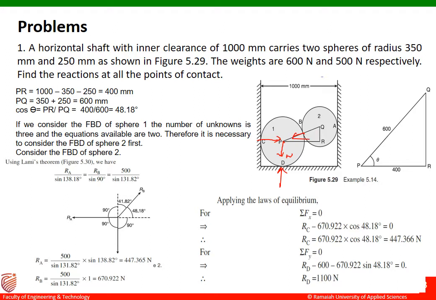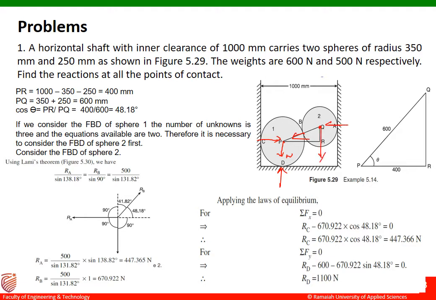So there are totally four forces. At sphere 1 we cannot apply Lami's theorem, so we have to neglect this one. Next, we can go for sphere number 2.